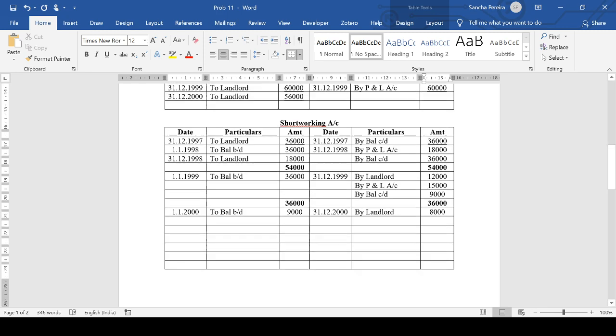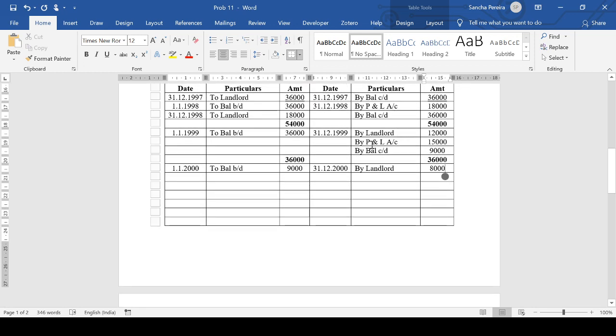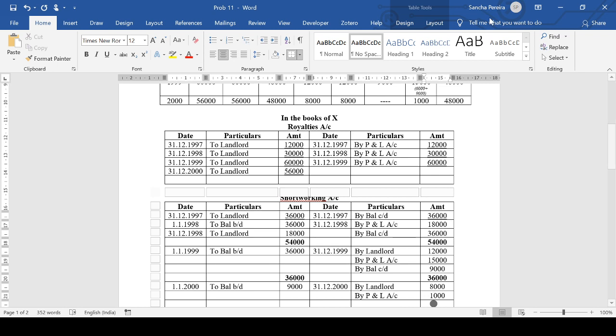Okay. We also have a transfer to P&L account, a carry for short working transfer to P&L account. So again, it will be by P&L account. And how much is transferred? 1,000. And then transfer the royalties to the P&L account, 56,000.